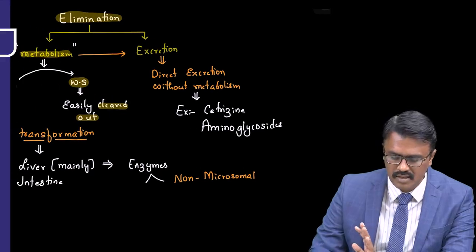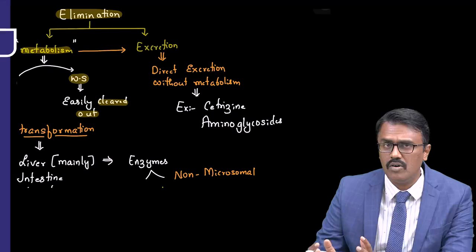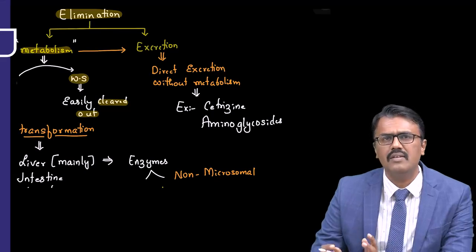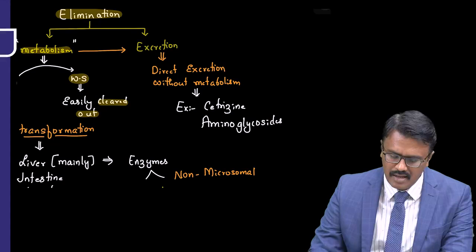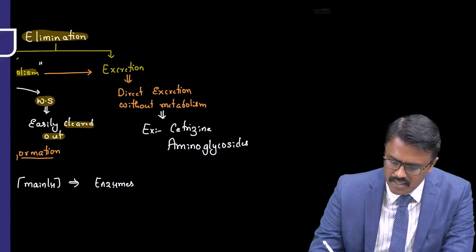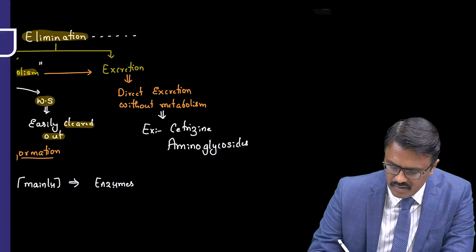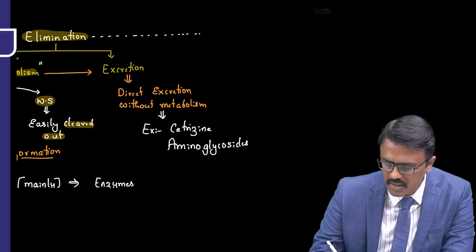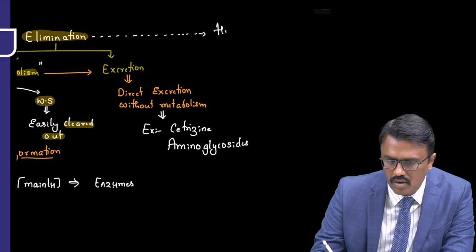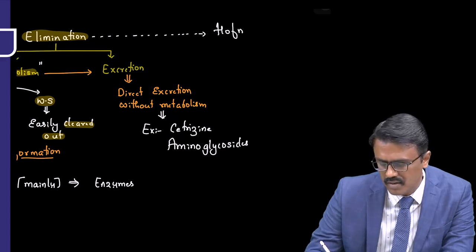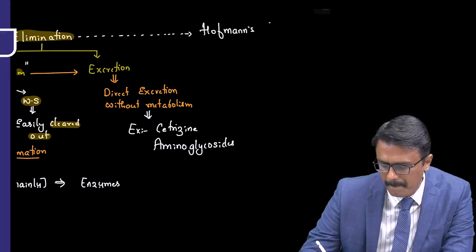So that's the reason elimination means the drug can come out without metabolism also, but in some rarer cases. Now there is one more special type of elimination. The drug undergoes one more special type of elimination. The name is Hofmann's elimination.